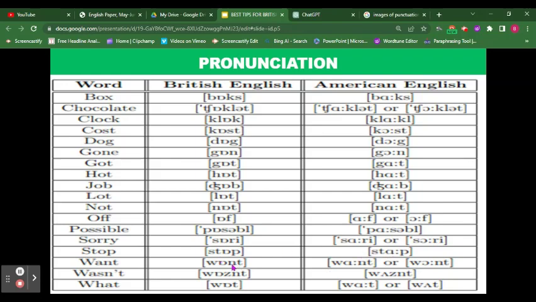Want, British. Want, American. Wasn't, British. Wasn't, American. What, British. What, American. So when a British speaker says what, an American will say what. All right.